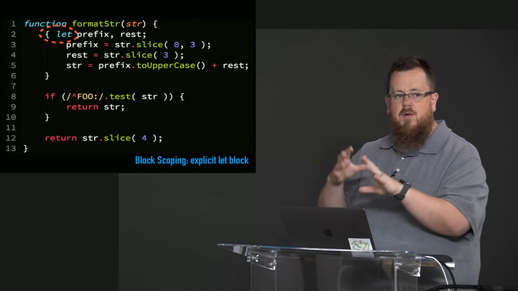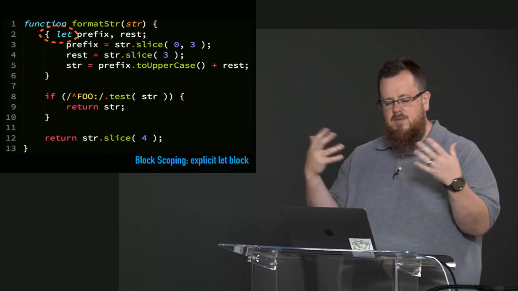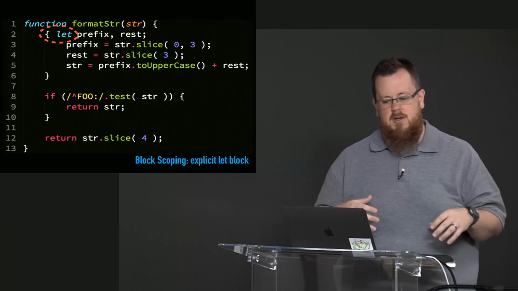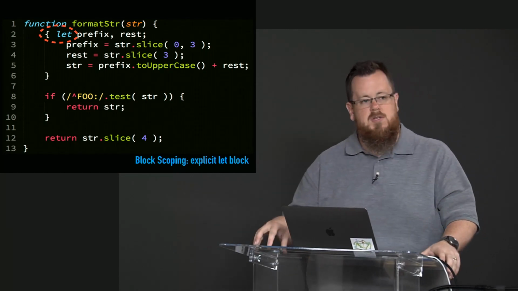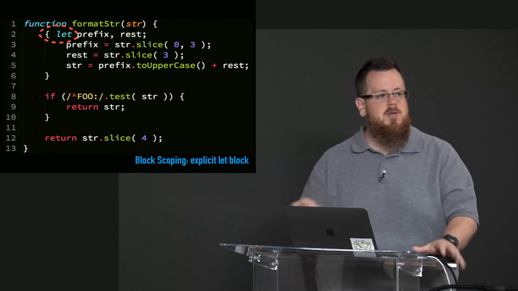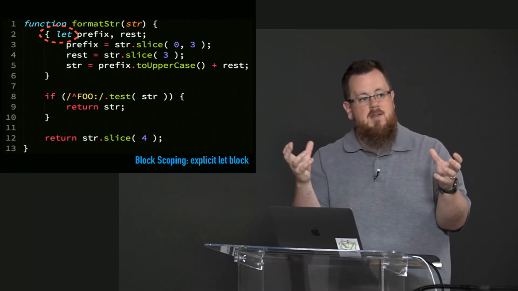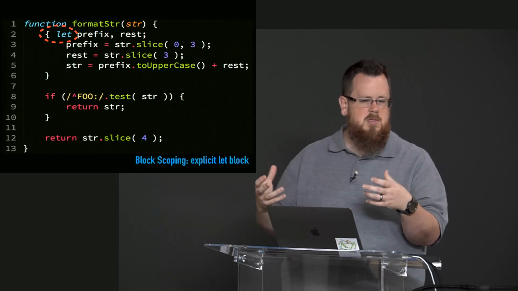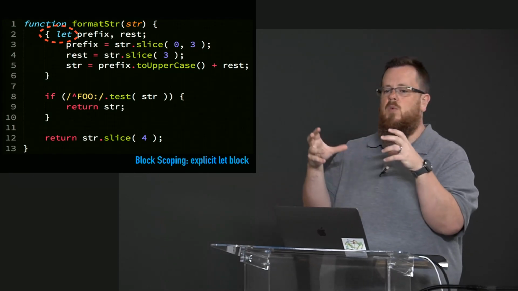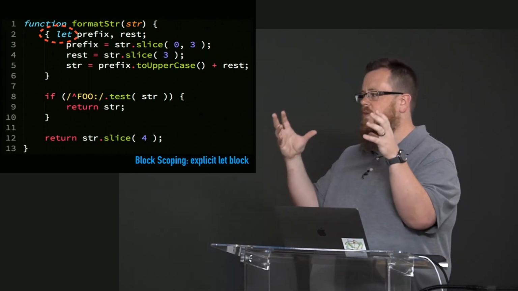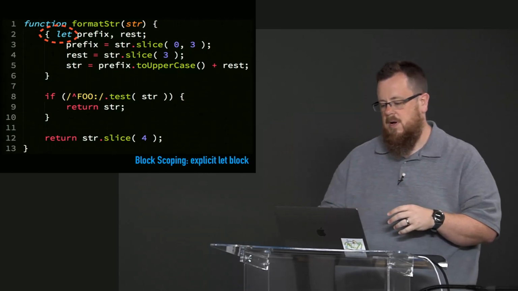Whether you use the let or the var, either way, they don't need to exist for the whole function. They only need to exist for those first couple of lines of the function. So it's a good idea to just go ahead and open up a block just to contain those variables. Again, remember this principle of keeping things hidden whenever possible. Have them as narrowly scoped as we possibly can.